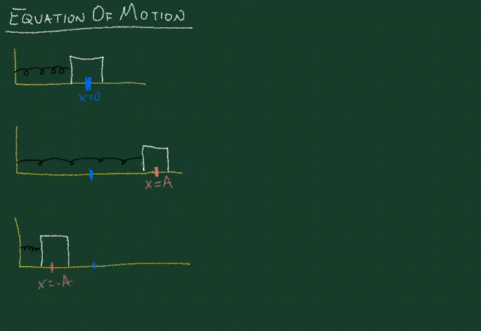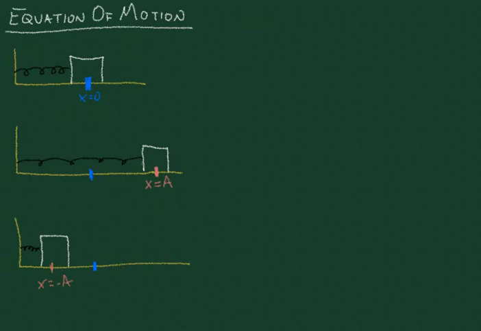So we do this experiment a large number of times, and maybe we set up a video camera so that we can actually plot this block's motion in every instant in time, or at least in a lot of very small time steps. And so we notice that it's always going to go from x equals plus a to x equals minus a, so it's going to go back and forth between these two extremes, but it's not going to do so evenly, right?